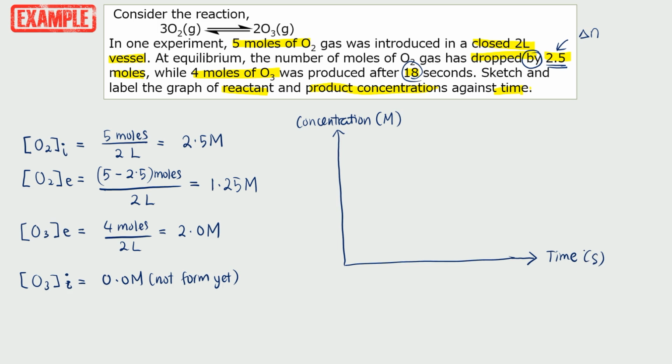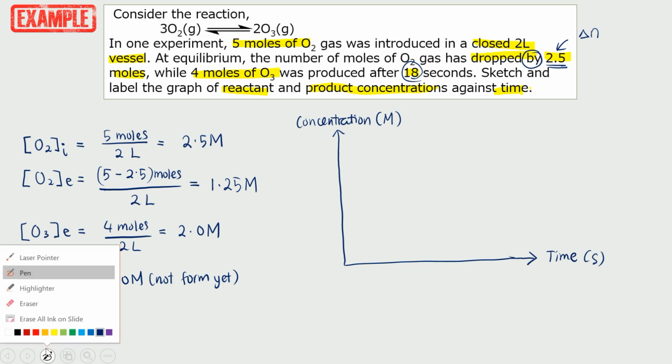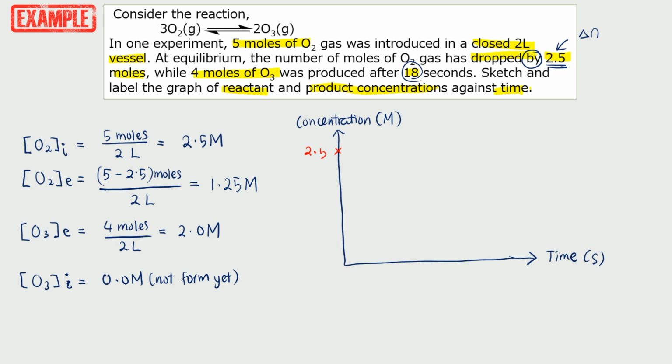Now we plot the graph. Draw a line here to show the time at equilibrium, which is equal to 18. The concentration of oxygen starts at 2.5 and will decrease to somewhere here. Draw a curve here, and then a constant line.